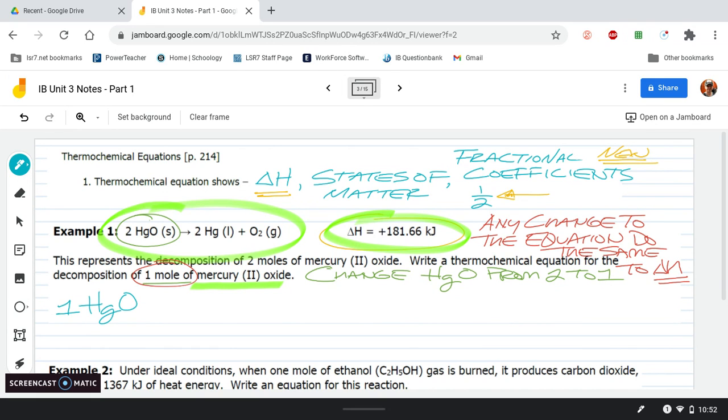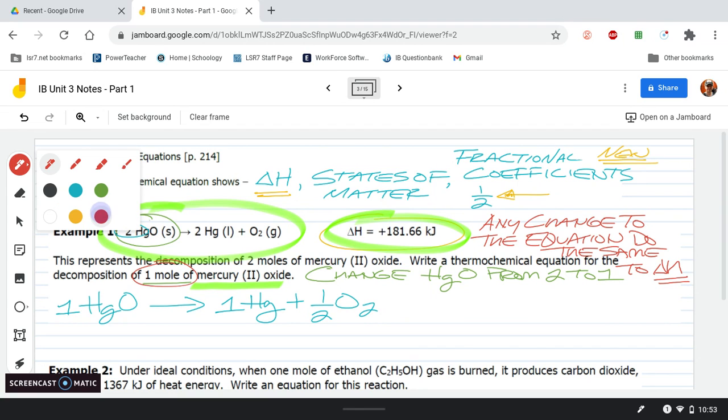So 1 HgO, arrow, 1 Hg plus 1/2 O2. So what am I doing here? Well, if I have to get this to be a 1, I divide everything by 2, right? So you're going to divide by 2 in order to get that value to a 1.